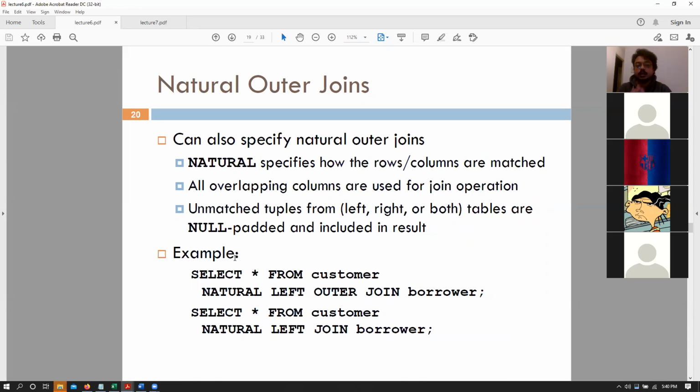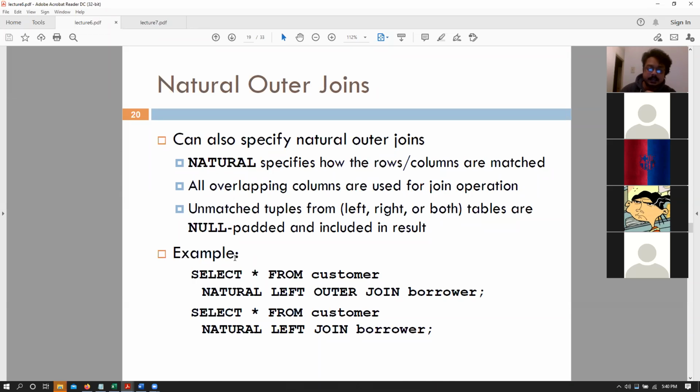So in general, we can also have something called a natural outer join. Remember that up to now we have talked about natural joins being the same as inner joins, but in SQL we can also have a natural outer join, and this is something that students usually find a bit more complicated.